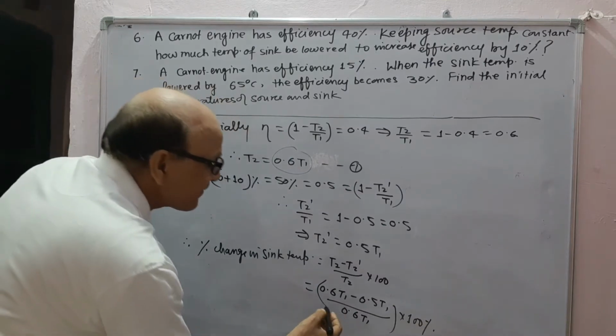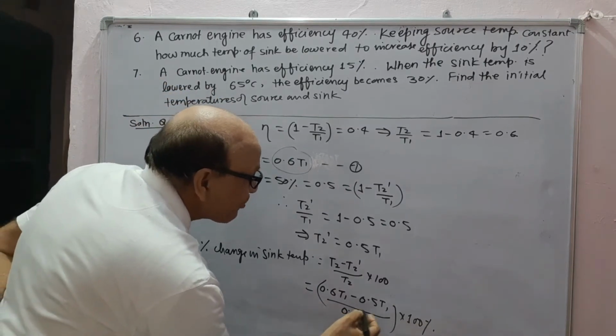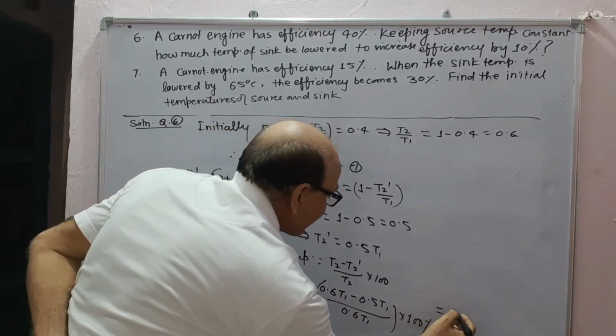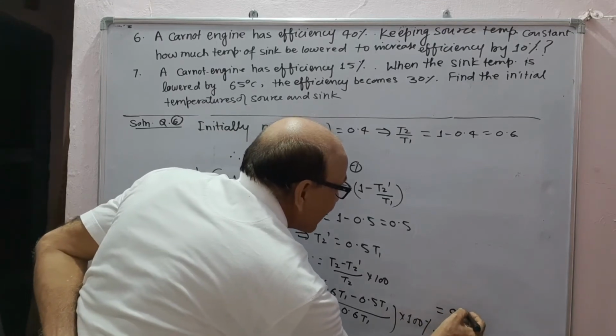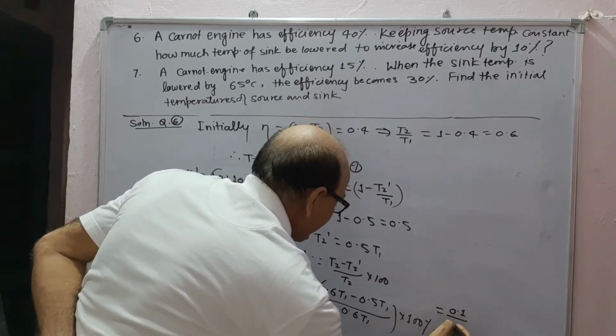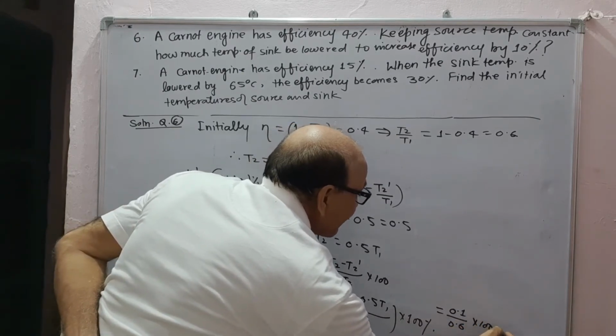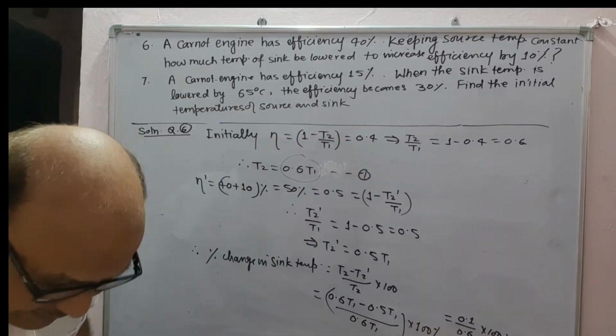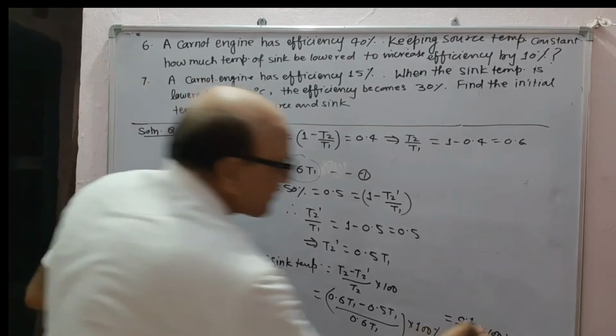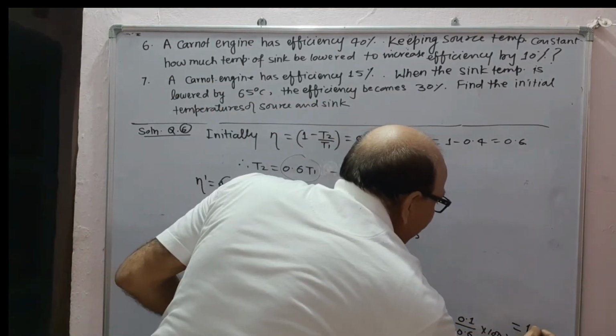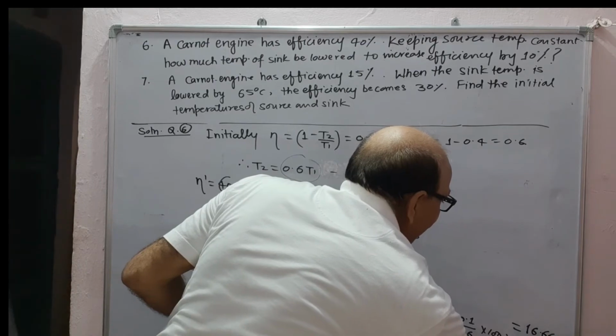Now T1 cancels and 0.6 minus 0.5 means 0.1 upon 0.6 into 100%, which is 16.66%. This is 16.66%.